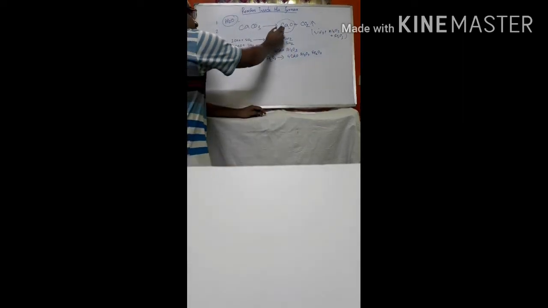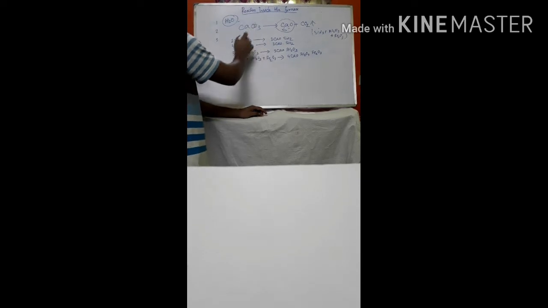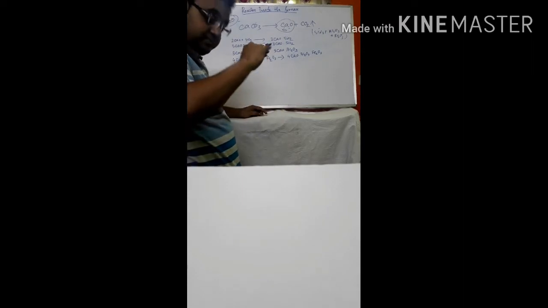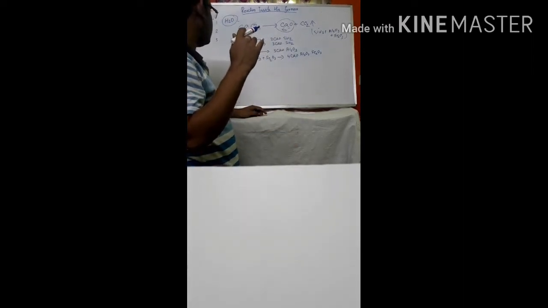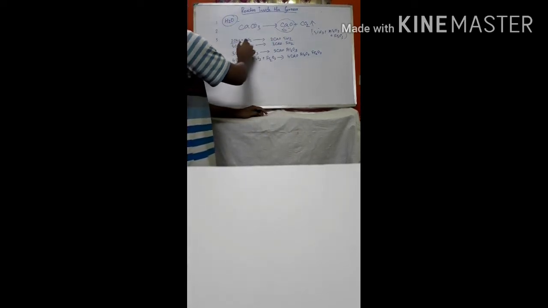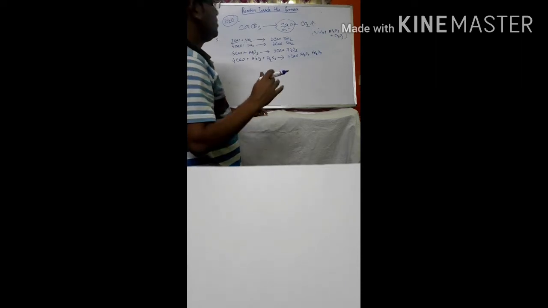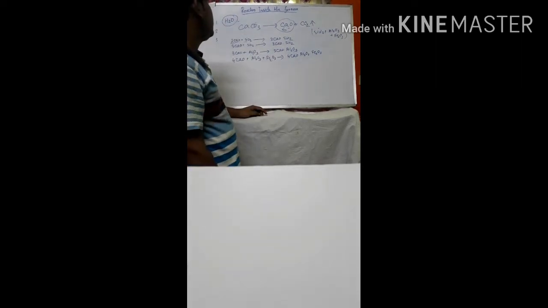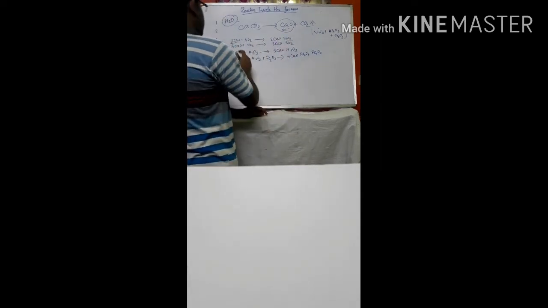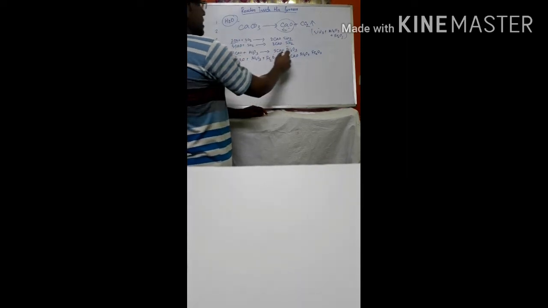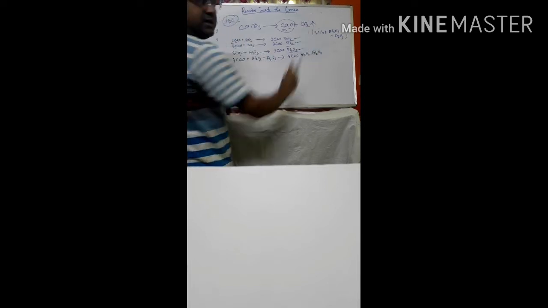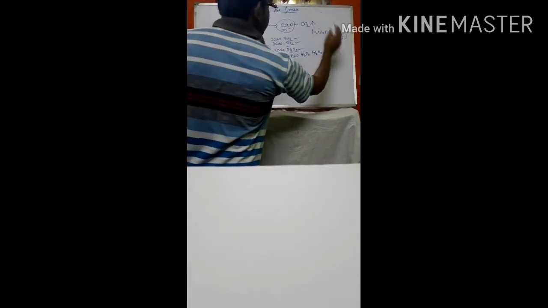Lime and clay react together in the lower region of the furnace, where the temperature is 1500 degrees centigrade. They form dicalcium silicate, tricalcium silicate, tricalcium aluminate, and tetracalcium alumina ferrite.